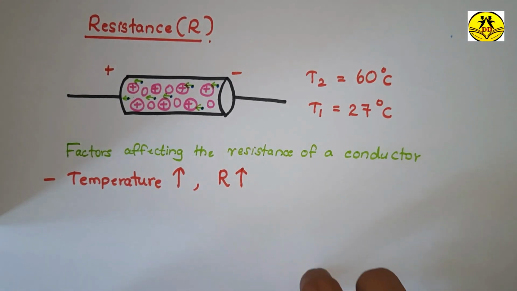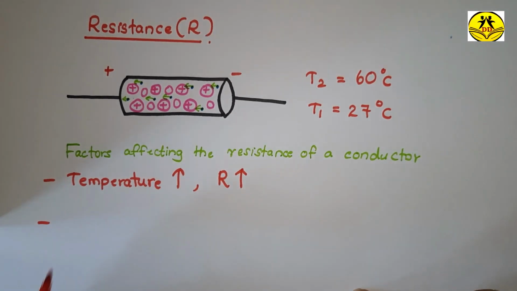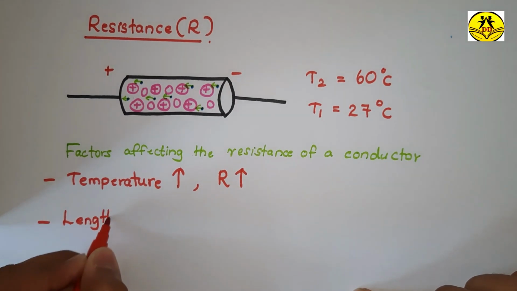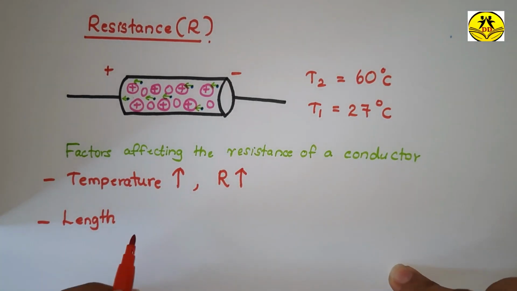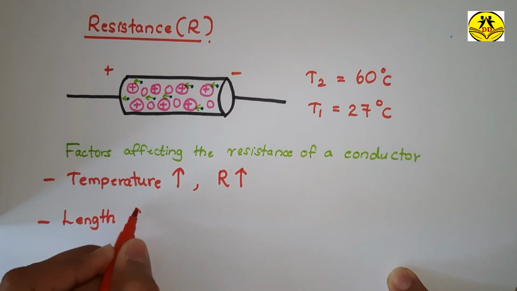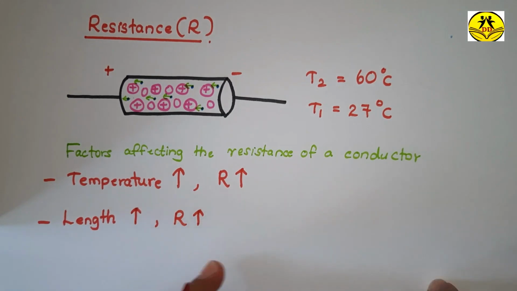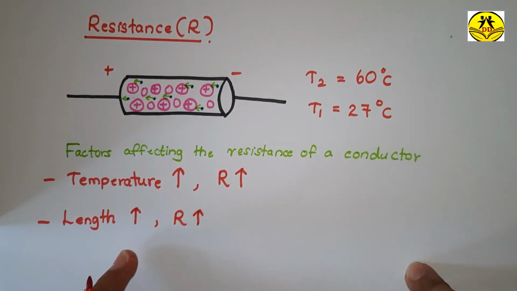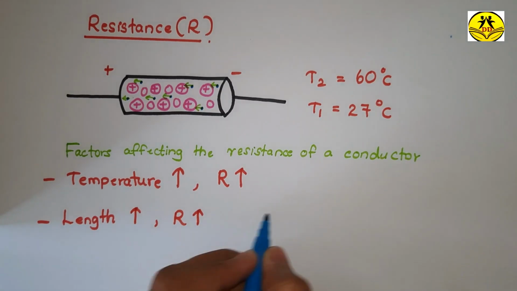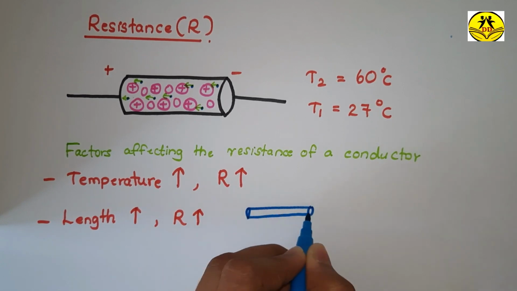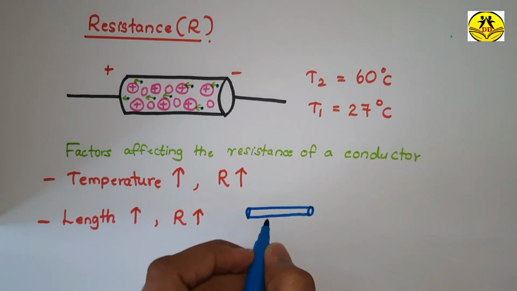Okay, it's directly proportional. Also, the other factor is the length of a conductor. When the length is high, the resistance is high. That is, the resistance is directly proportional to the length of a conductor. So, like this. Here the length is greater, let's say.